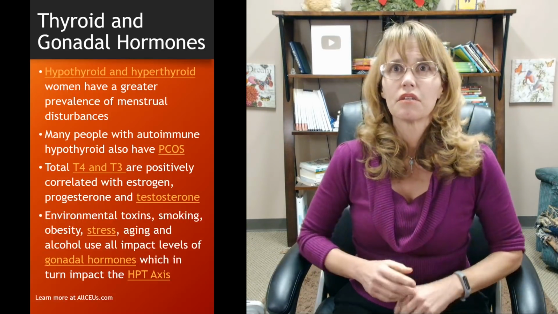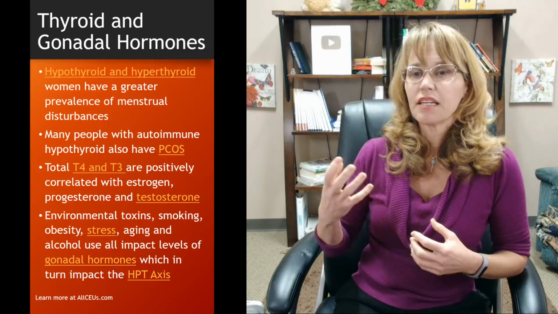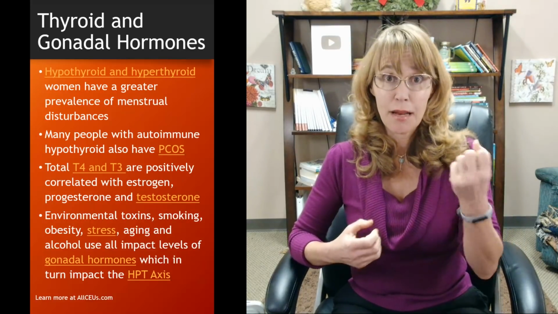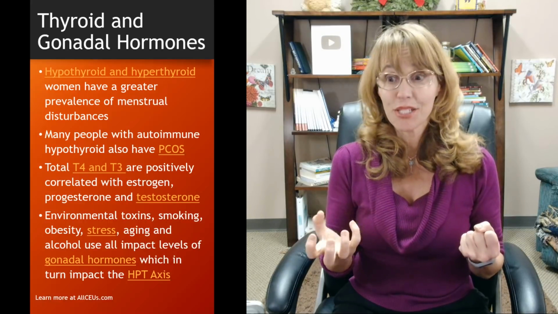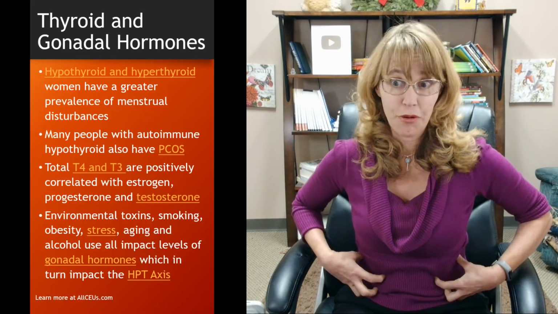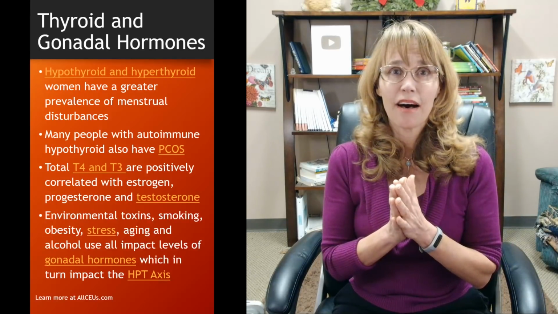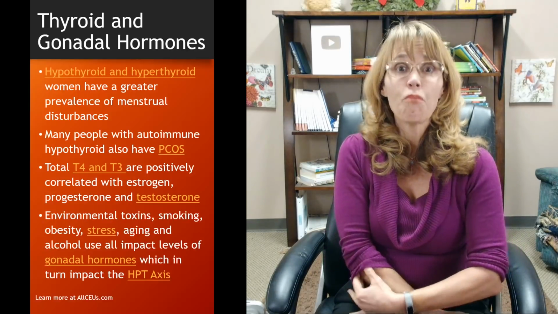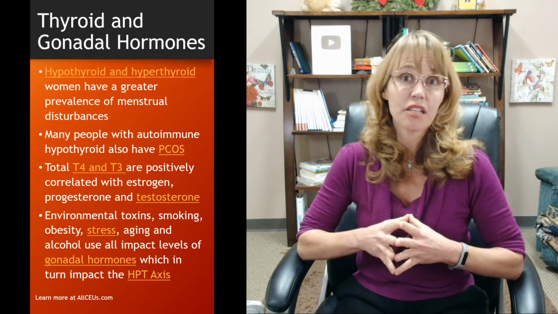And if the person has a significant drop in sex hormones, then they may have a significant and precipitous drop in thyroid hormones. Women who have radical hysterectomies and have their ovaries removed may develop hypothyroid very quickly. So it's important to monitor that in people who have significant changes in their sex hormones.